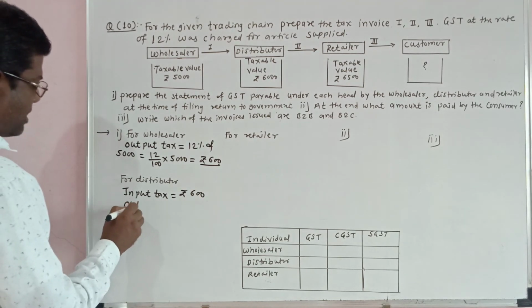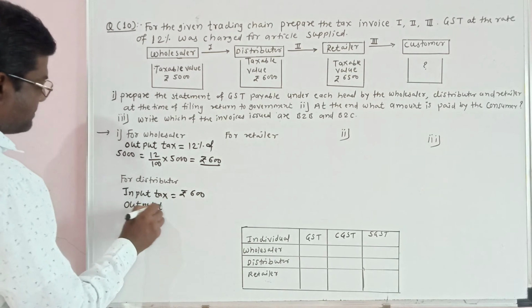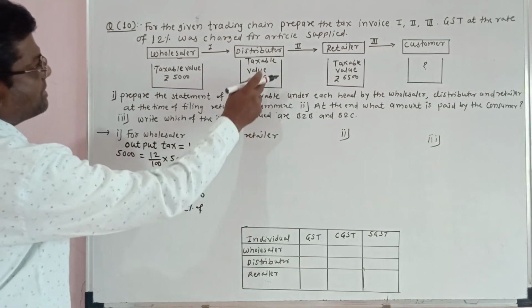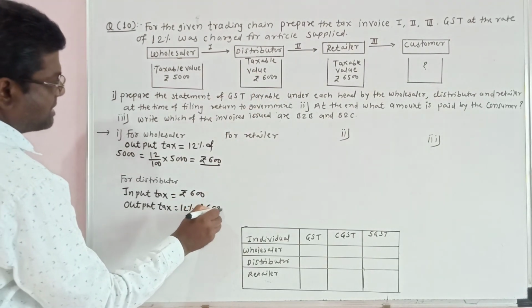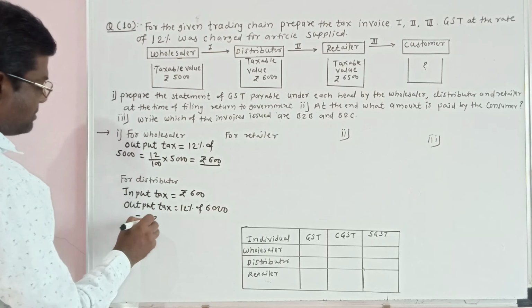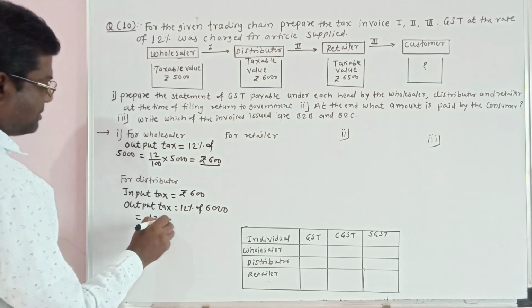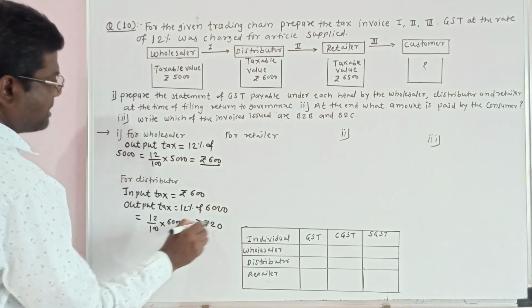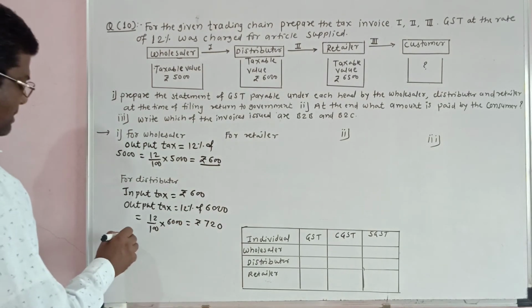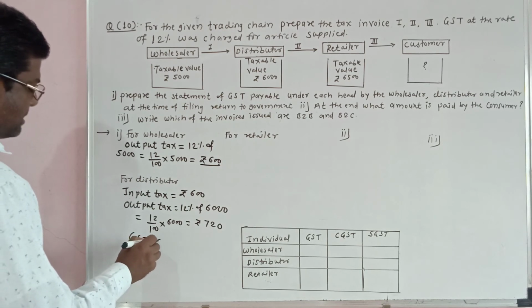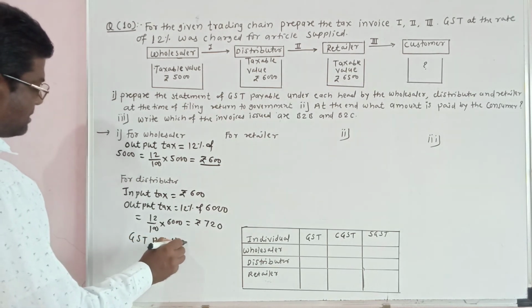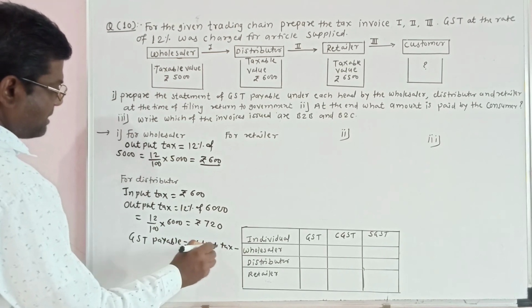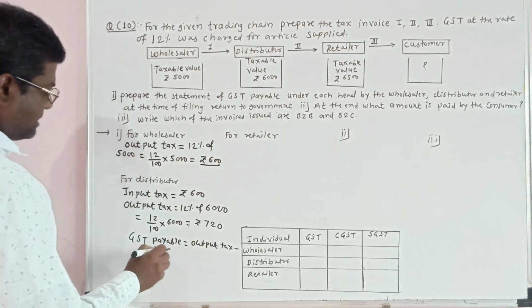For the distributor, output tax is equal to 12% of the taxable value of the distributor, 6,000. So it is 12 upon 100 into 6,000, which is rupees 720. Now let's find the GST payable, which is equal to output tax minus ITC.